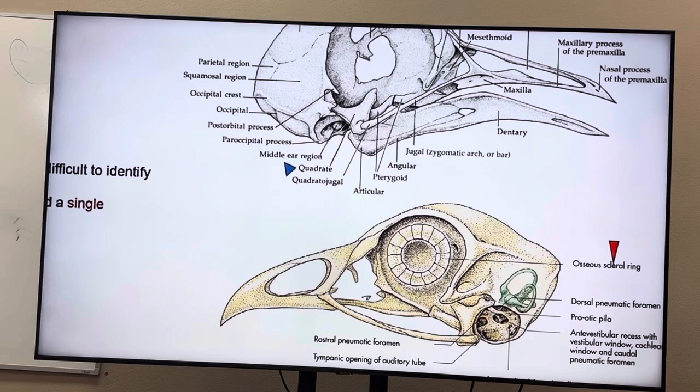So another structure we want to look at here is the sclera ossicles, or ring bone, as some call it.